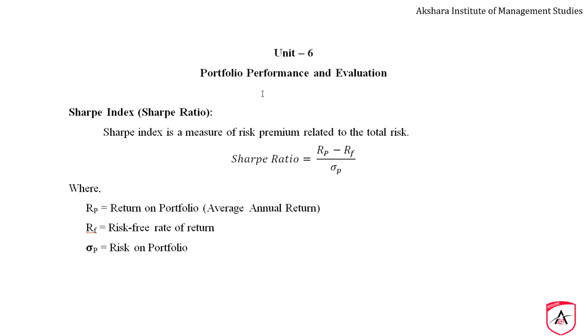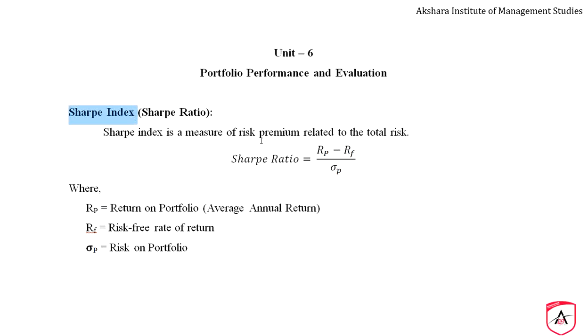So we have to measure which security is better for investment. For that we have three different models. One is the Sharpe ratio or Sharpe index. Second is the Treynor ratio or Treynor index. And third is Jensen's ratio or Jensen's index. Among these three, the first one we shall study is the Sharpe index.